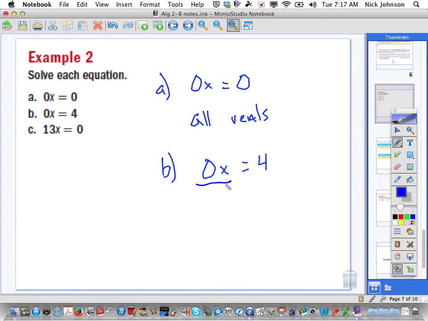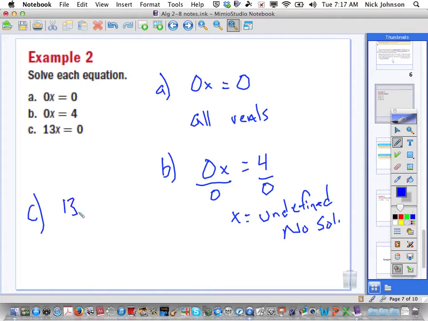Or the other way you can look at it is, to get x by itself, I have to divide by 0. And we just stated that you cannot divide by 0. 4 divided by 0, x is undefined. Can't happen. No solution. Okay, very important to know.